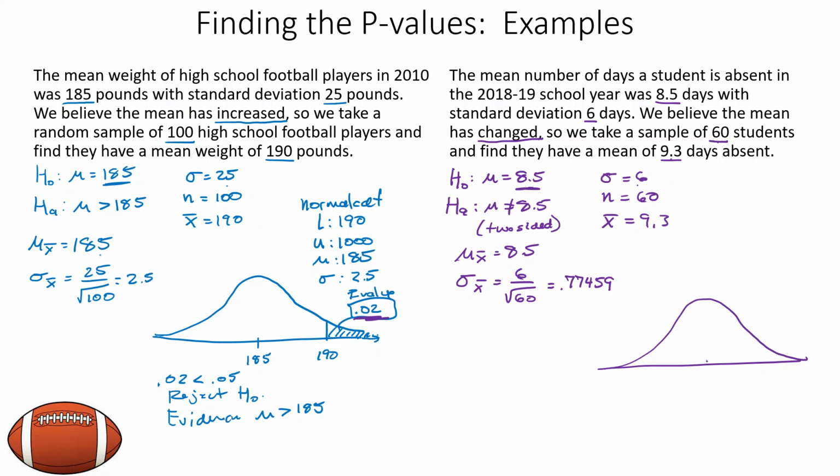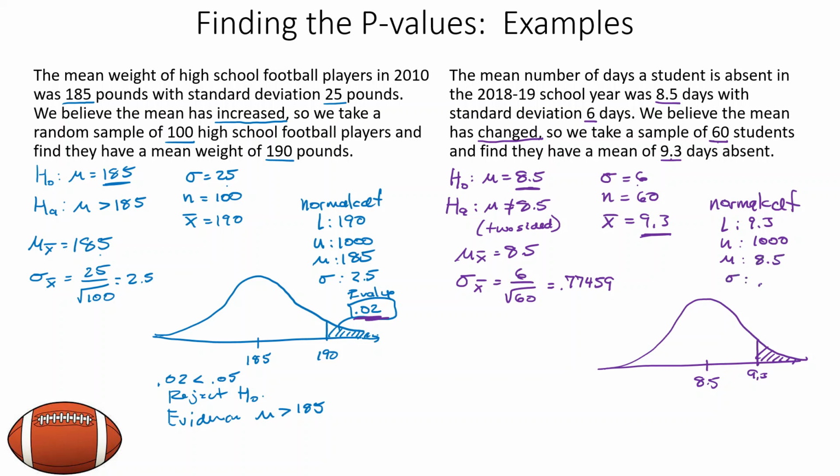And let's see, we draw our normal curve. All right, we're going to put 8.5 here in the middle because it's the mean. Our sample statistic was 9.3, that's up here. We want to find this area here to start, so to do that, we're going to use normal CDF. The lower bound starts at 9.3, and we're going to go up to something big, like 1,000. Our mean is 8.5.